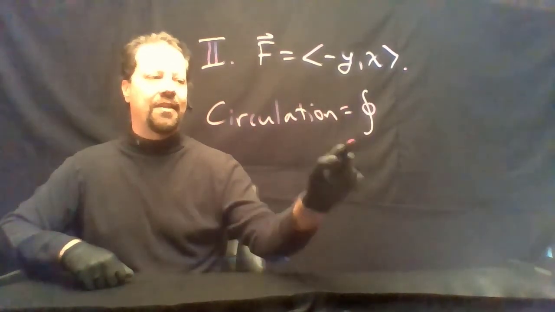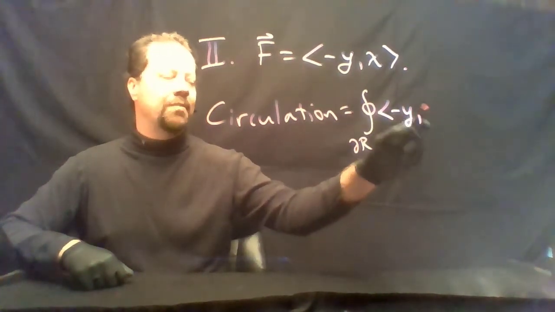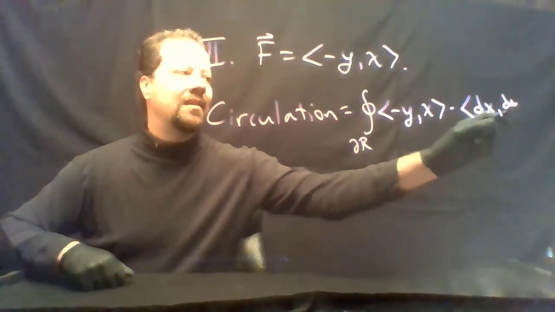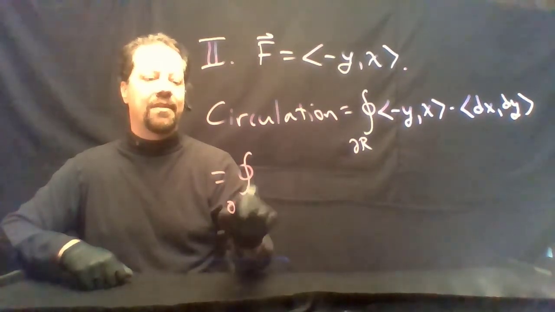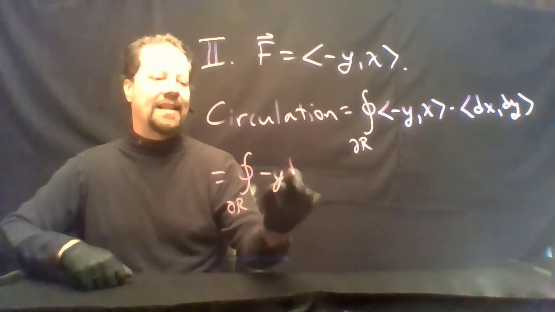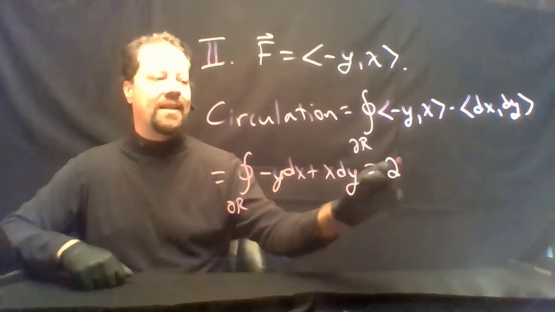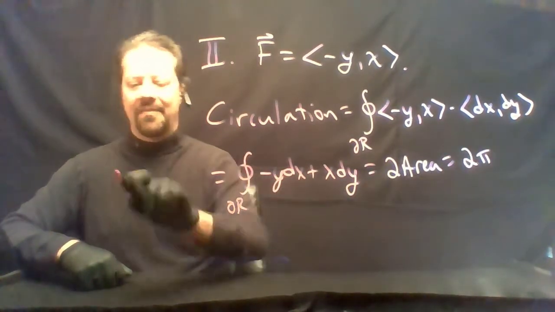Circulation is the integral around the boundary of the region of this vector field, minus y, x, dotted with dx, dy. That's going to be the integral around the boundary of the region of minus y dx plus x dy, which again is twice the area, or 2 pi.